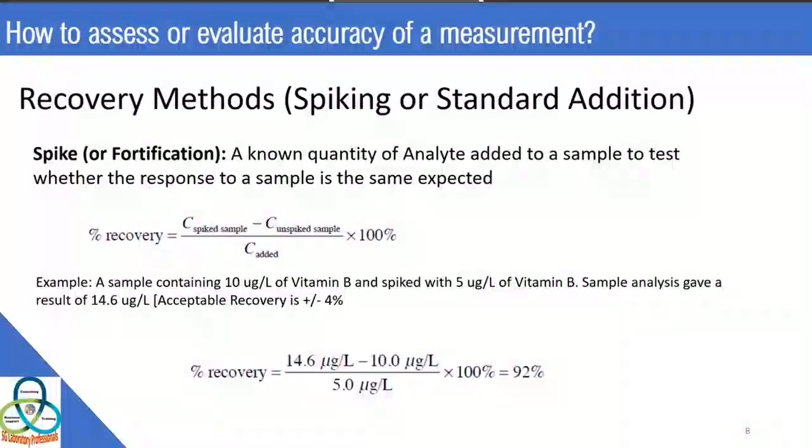In this case, if we calculate the percentage recovery, it is 92%. Even though it is not bad, it is not falling in the range it is supposed to. That means the recovery needs to be improved, so they have to look back at some of the analytical steps to see how this can be improved.